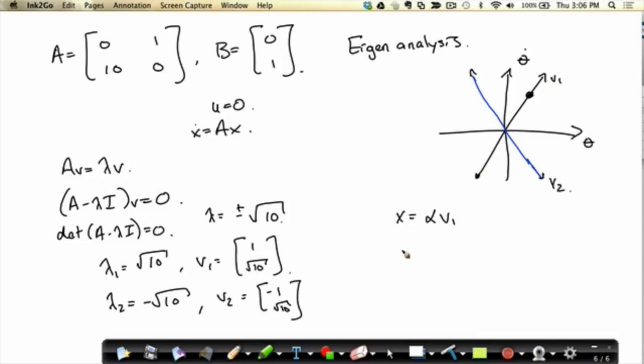It's just x dot at that point is A times this, which is just going to be lambda times that.